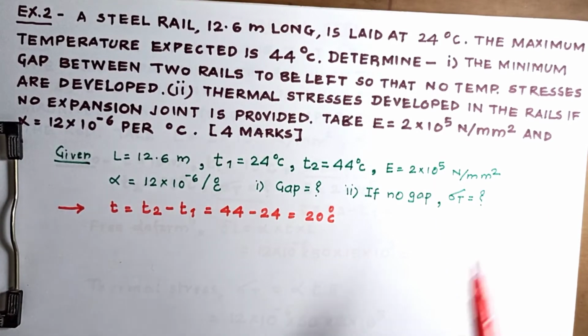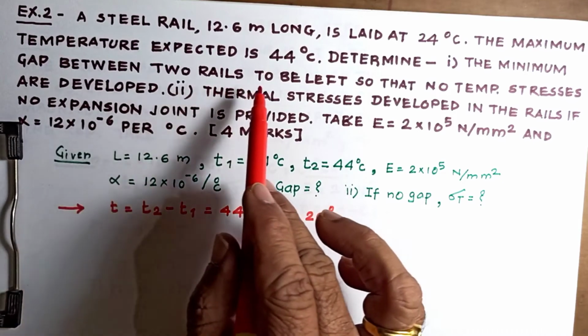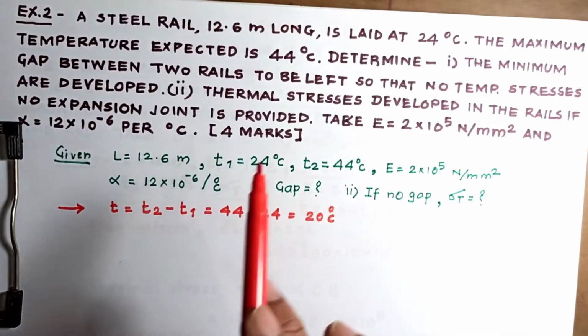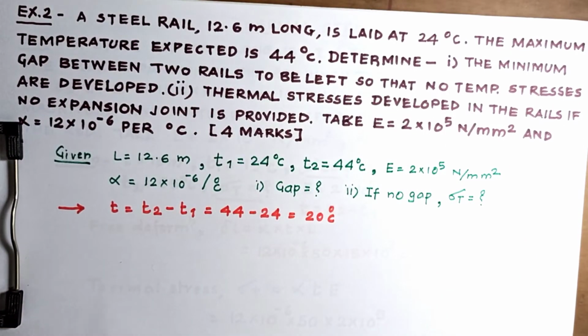Now, we are asked to find out the minimum gap between the two rails to be left so that no temperature stresses should be developed. Now, due to this rise in temperature, the rails will expand. Now, how much gap should be kept? The gap should be kept so that the free expansion of the rail will be equal to that gap.